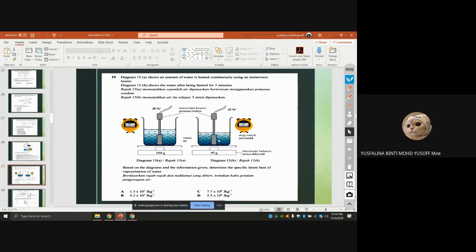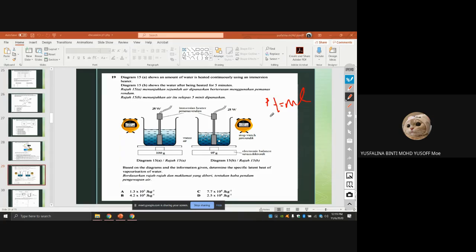So this one we use Pt = ml, which means the electrical energy being supplied to the immersion heater is equal to the heat energy for the specific latent heat.